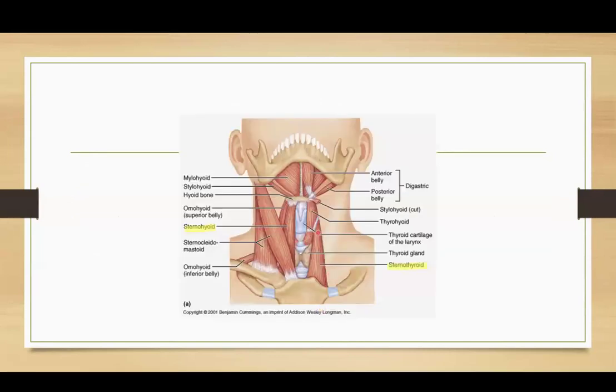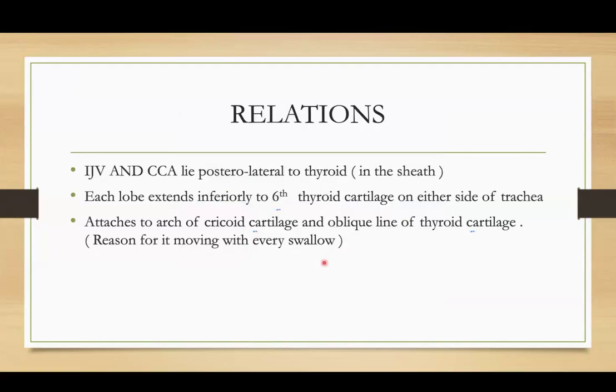Okay, so this is the sternothyroid muscle, and this is the sternohyoid muscle. I think you guys may have done this earlier in GIT. But anyways, these muscles are posterior lateral to the thyroid. And then we also have the esophagus that's anterior.